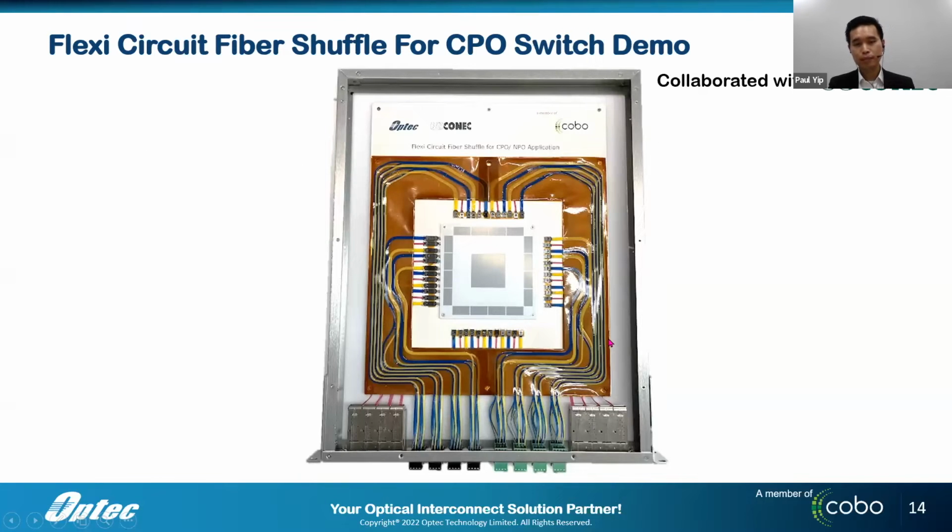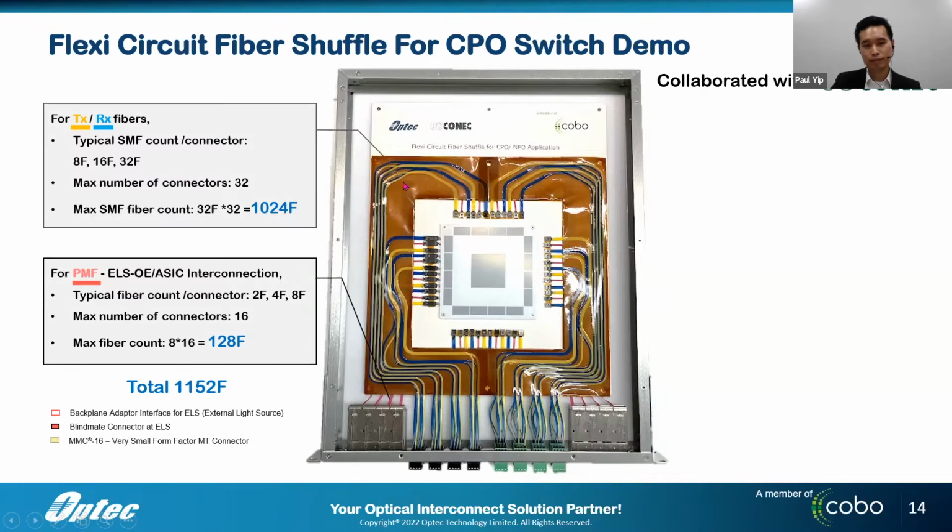This is an example of our demo kit we put up in the ECOC show, collaborated with US Connect. So in this example, it is 1,024 fibers on the blue and the yellow fibers. And then there are 128 fibers in red. Those are PM fibers going into the ELS, the external laser source.